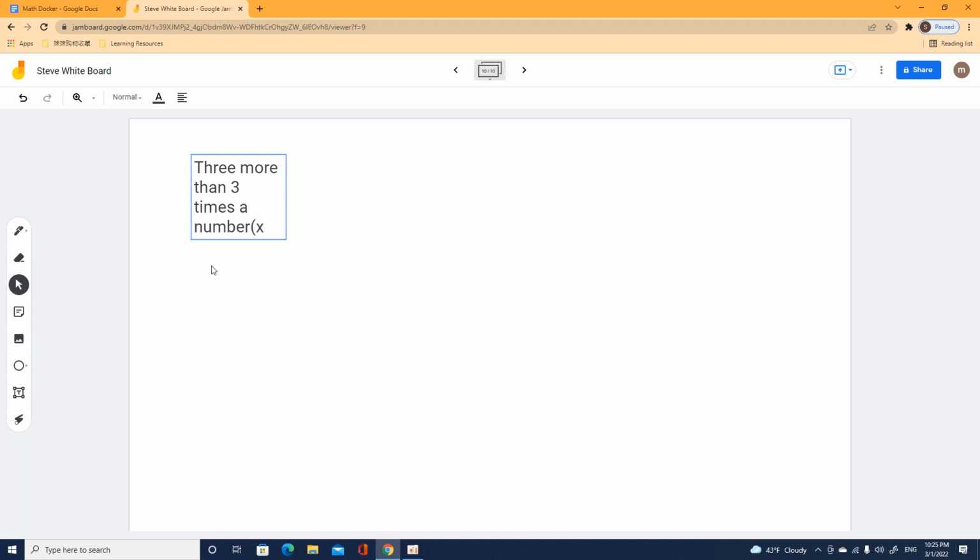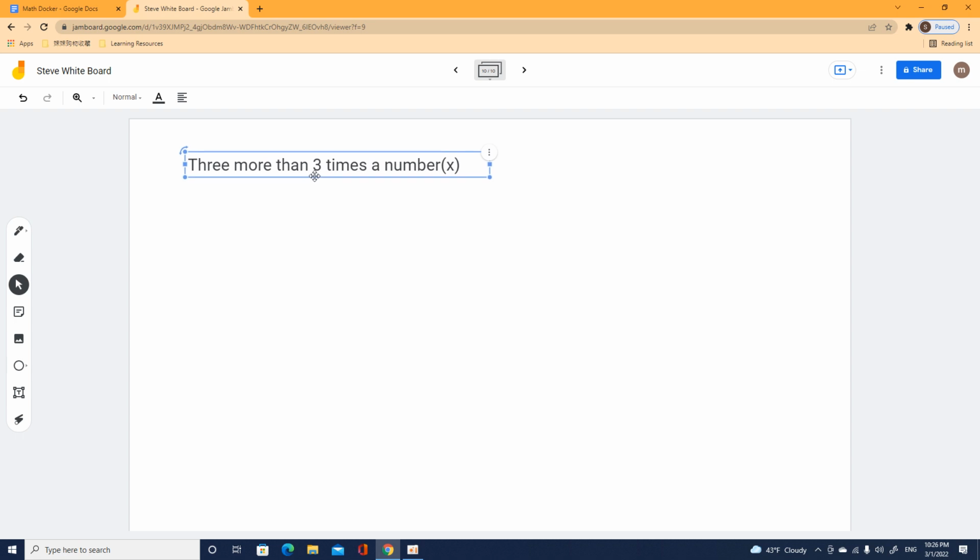This number we use x to express. Now let's analyze. First you see the times, we should think about the multiplication, and the more than we should think about the plus sign.